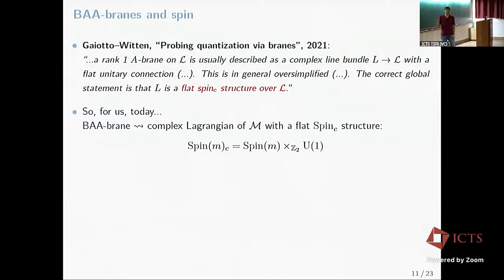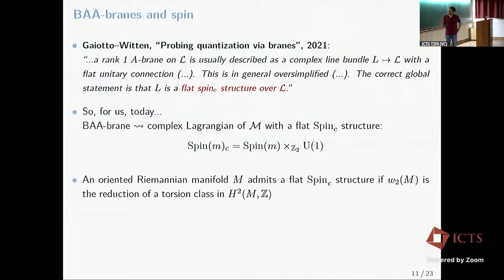So what is this? Spin^C(m) is Spin(m), the double cover of SO(m), times U(1), modulo this Z/2 acting diagonally. Every complex manifold admits a spin^C structure, a lift of the SO(m) structure of the tangent bundle to spin^C, but they don't want just spin^C, they want flat spin^C.